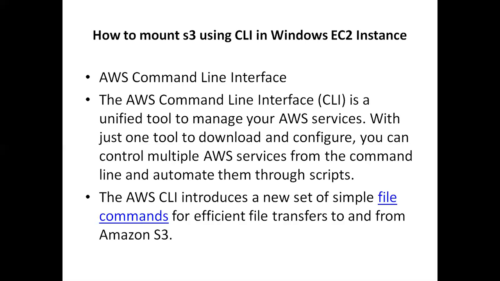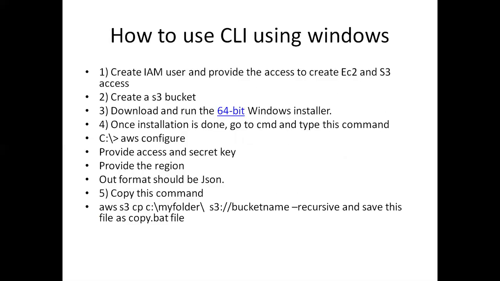So when you use Windows EC2 instances, in case the S3 is already mounted, whatever files you have documented in the Windows EC2 instance, when you run the batch file, in turn copies the folder files directly to the S3 bucket. So here are the steps for how to use CLI using Windows.